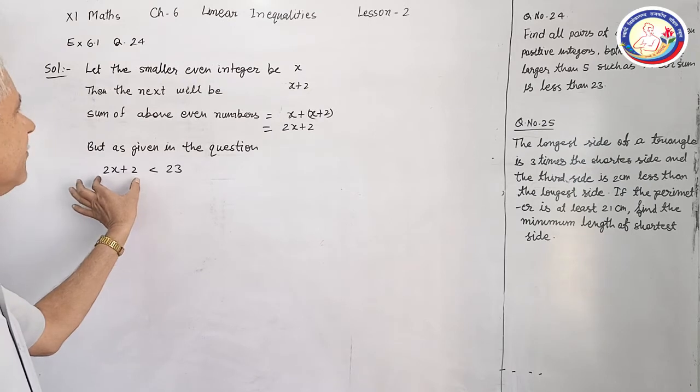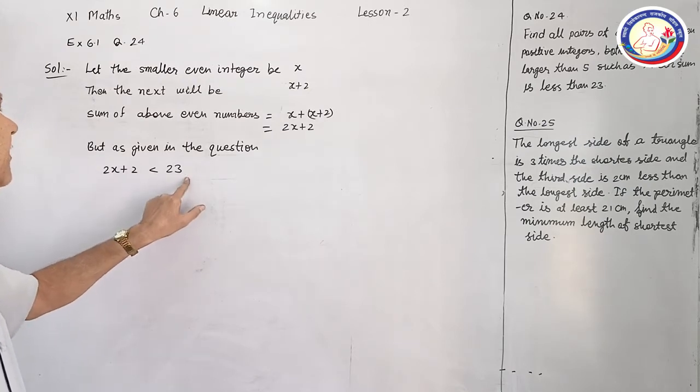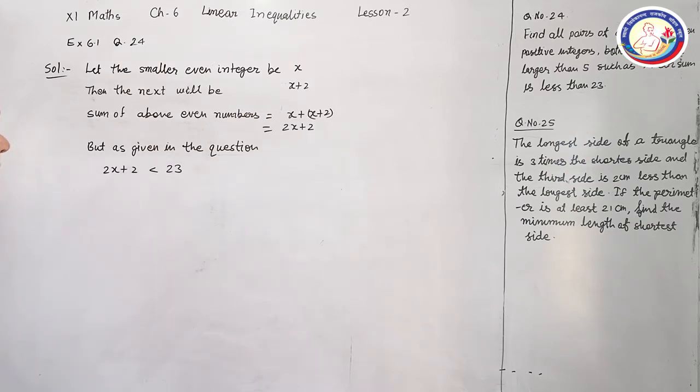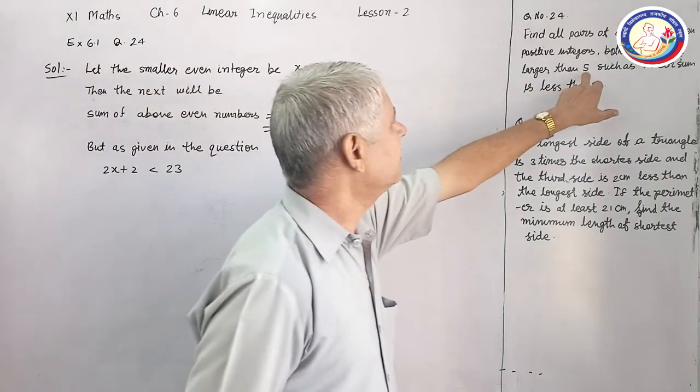The sum of these two numbers must be less than 23. This is the equation. We shall find the solution of this, and then we will come to the next condition.